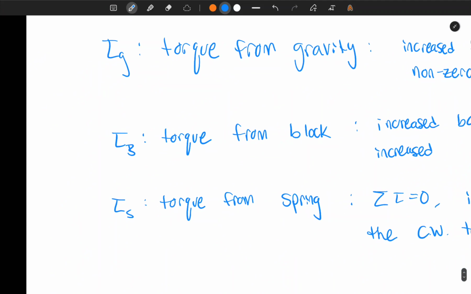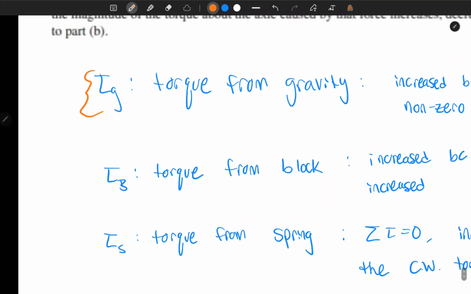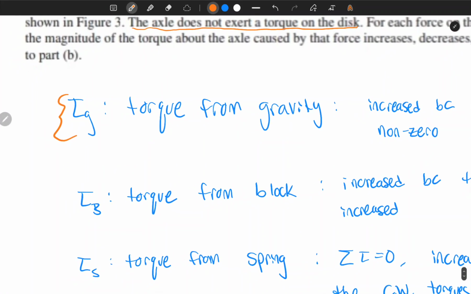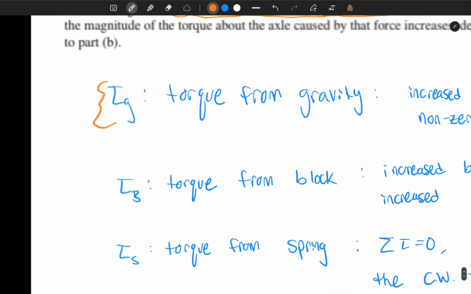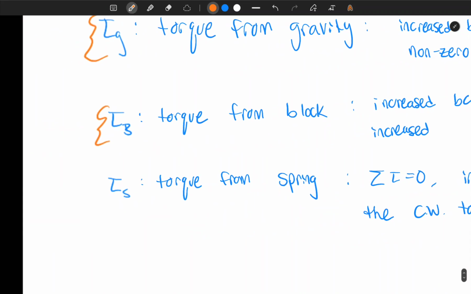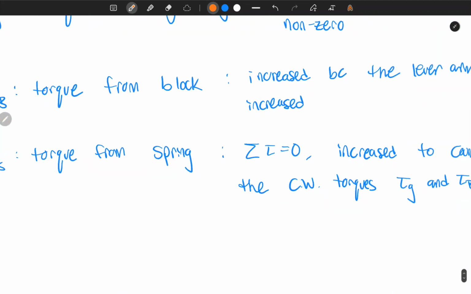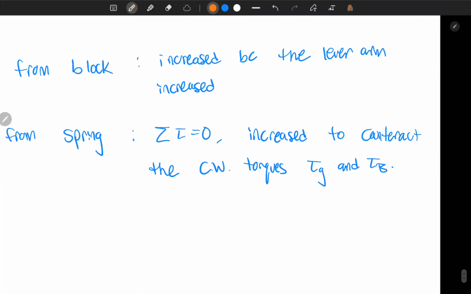As a note on grading, each of these torques gives 1 point. Students get 1 point for giving that the gravitational torque has increased because of a non-zero lever arm. Students get 1 point for stating that the torque from the block has increased, again due to an increase in the lever arm. And students get 1 point for noting that the torque from the spring has increased because the torques are larger now in the clockwise direction.